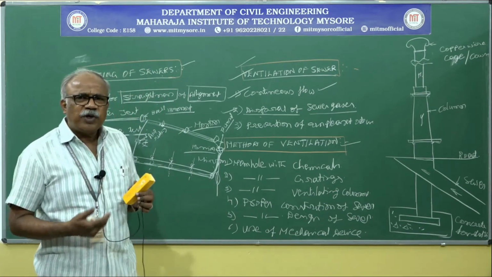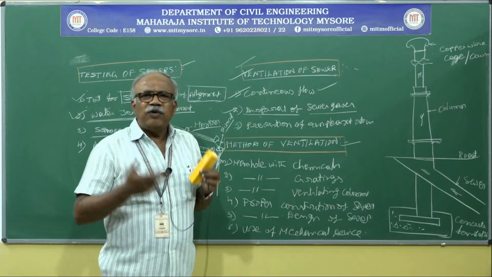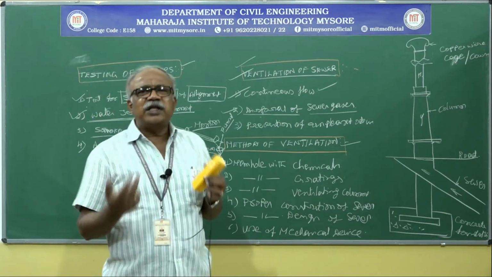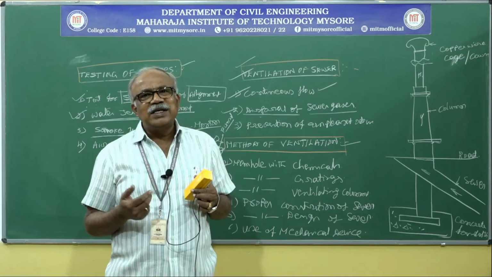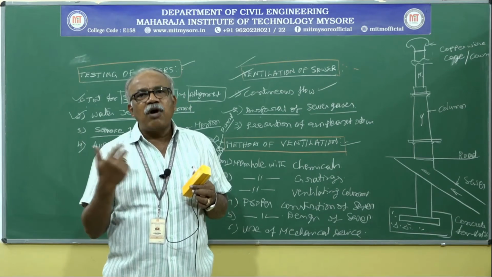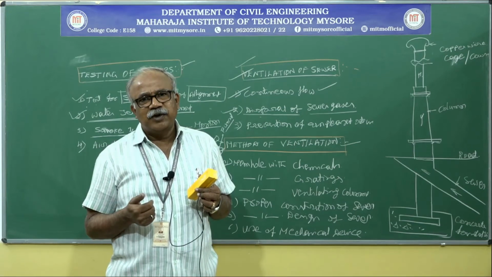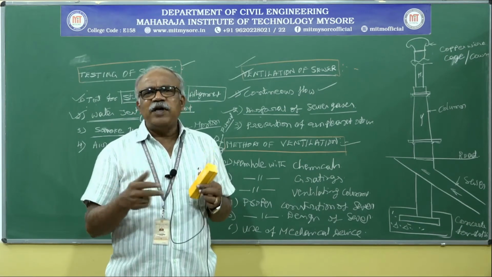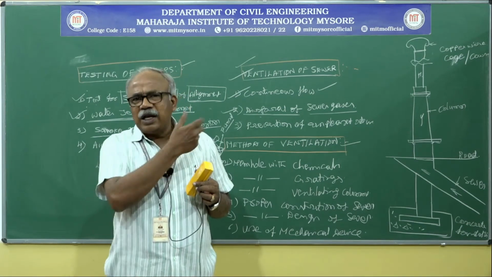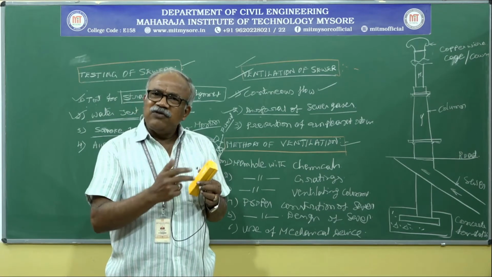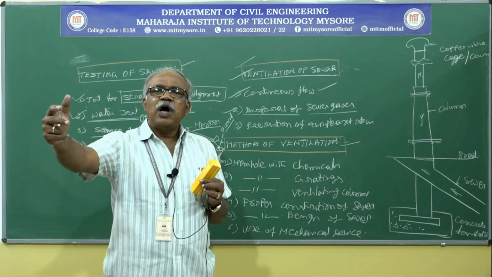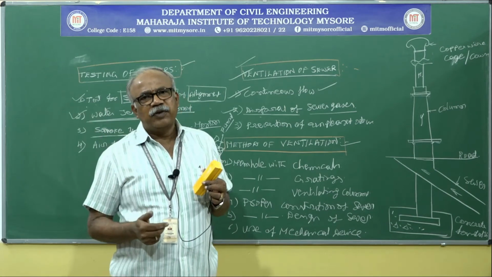Proper ventilation should be given. Just as we provide windows, ventilation and doors in our residence, the same concept you have to adopt for the conduits or sewer lines. Then the wastewater can be safely collected, transported and disposed up to the treatment unit.